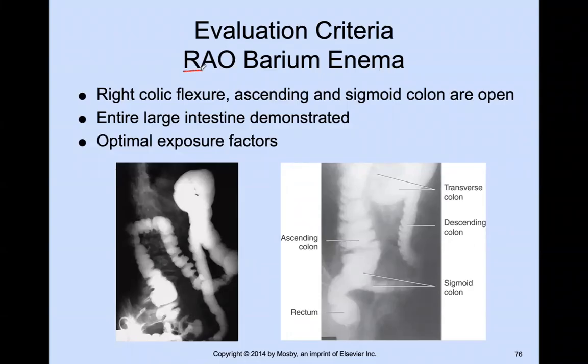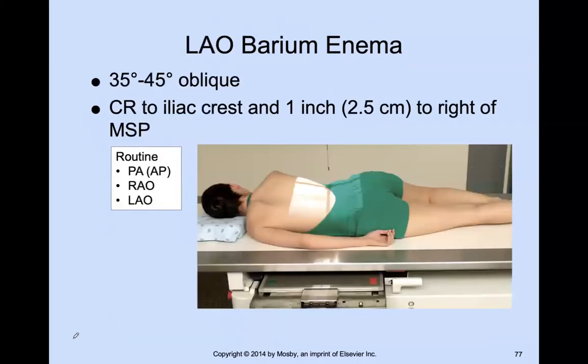The RAO is going to demonstrate the right colic flexure or the hepatic flexure. As you can see here, the right hepatic flexure is open. That's what we mean by best demonstrated. It's in profile. The left one is not, it's superimposed over itself. So the RAO will open up the right side.